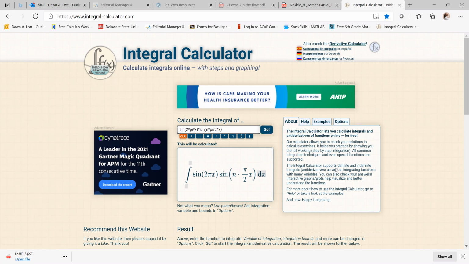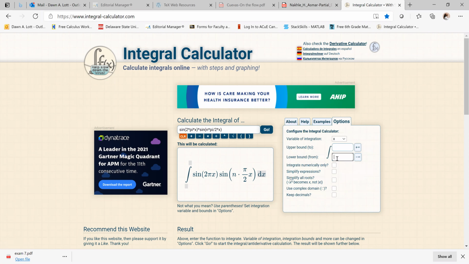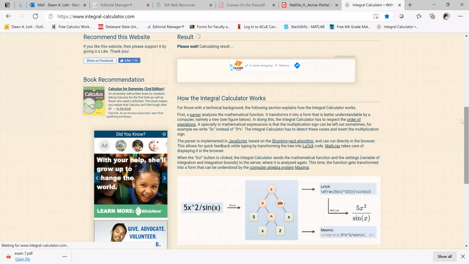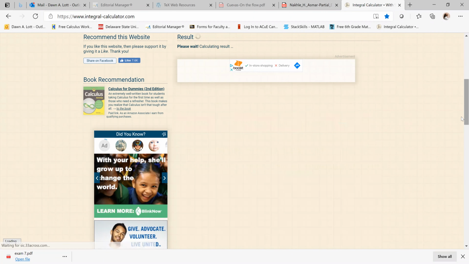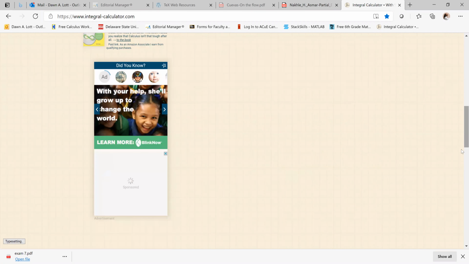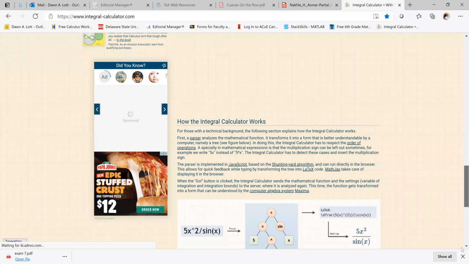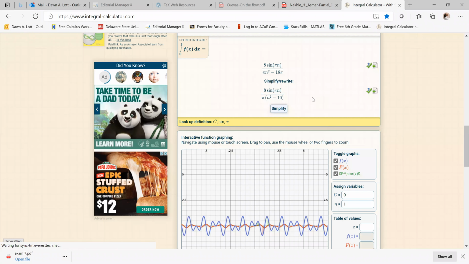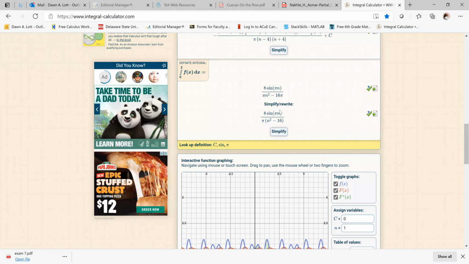And it's evaluated from 0 to 2. Where's my answer? Aha! And just as I thought, notice that it is 0 except when n is 4.